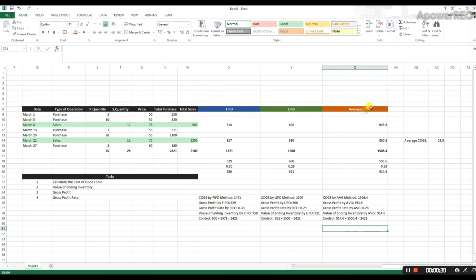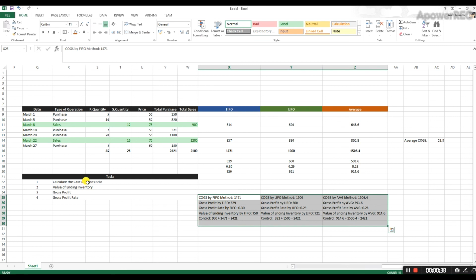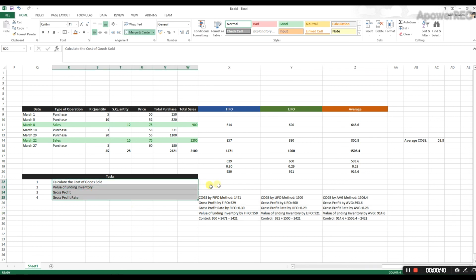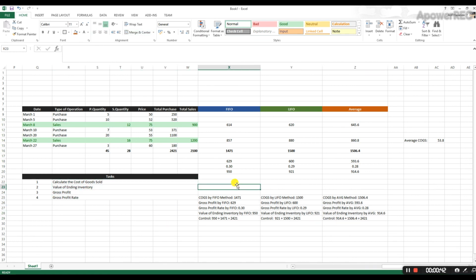Now, this is basically it, all three calculation methods and the answers for these questions. What I want you to notice is that, as you can see from here, we have the most profit by the FIFO method.